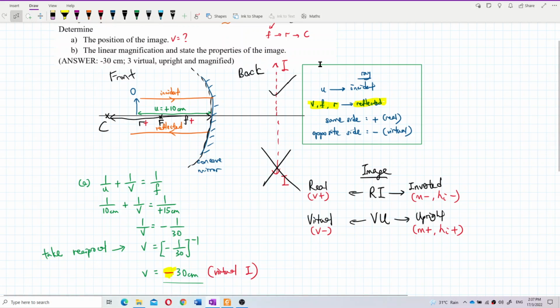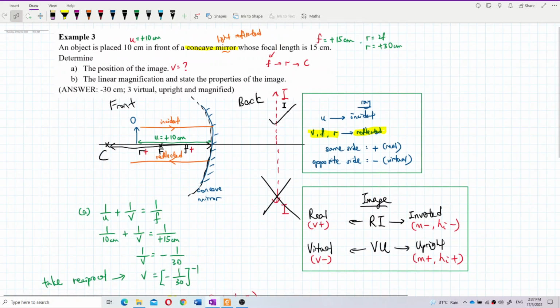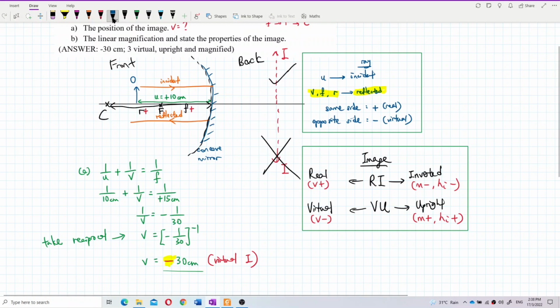I just want to put this in a table for you to refer to. Very important, I always repeat this over and over again: a virtual image must be upright. So this one is correct.